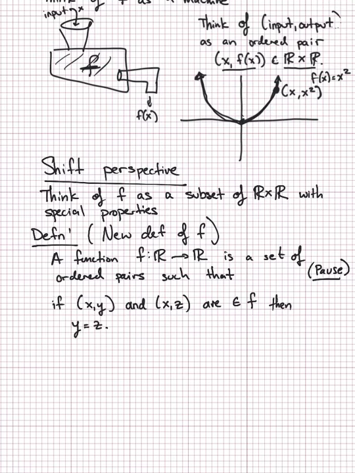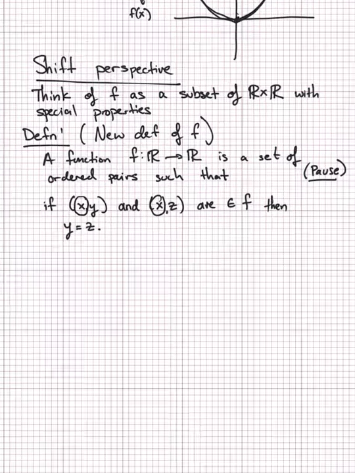This is exactly saying that if I give you the same input and it gives you two outputs, they have to be the same. Okay? So you've all seen this before.